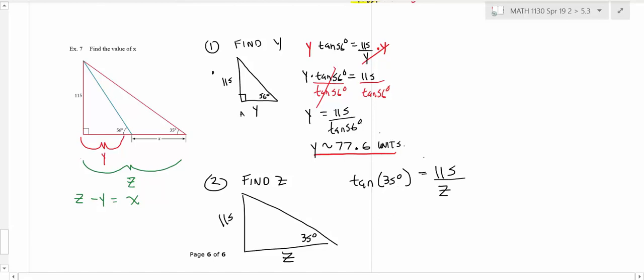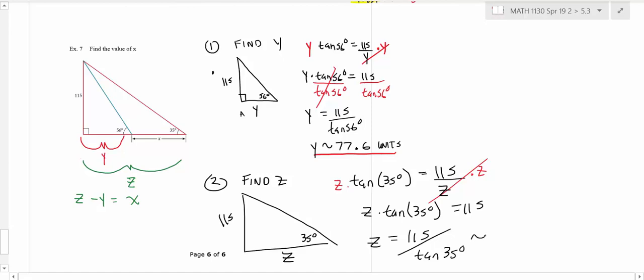Now you can do this the same way. You can rearrange in your head if you want to. So I end up getting z times tangent of 35 is equal to 115, and then you can divide by tan 35. Ultimately, we just do 115 divided by the tangent of 35, and then we'll get what z is.